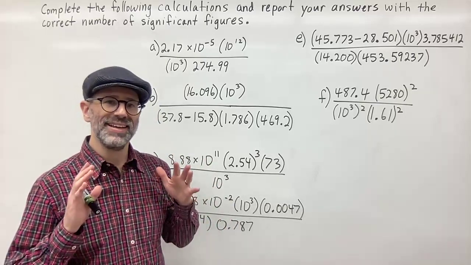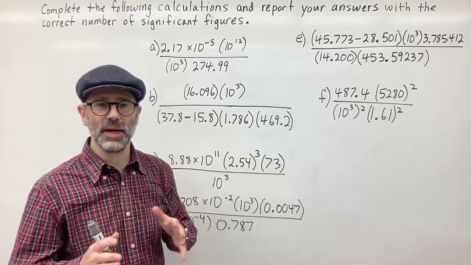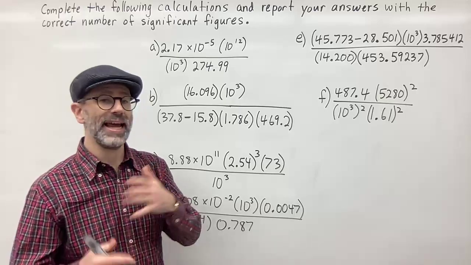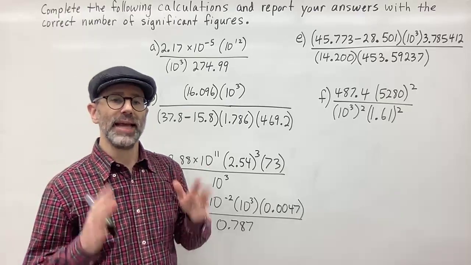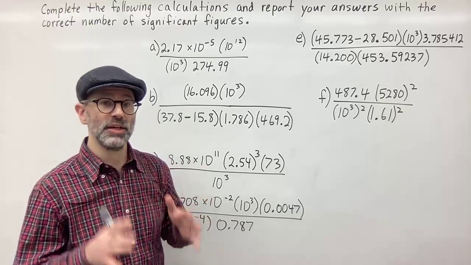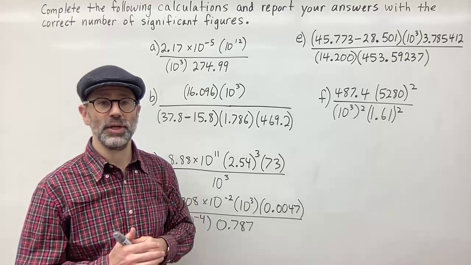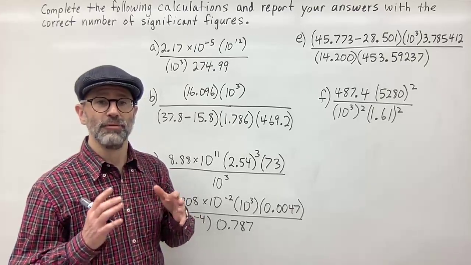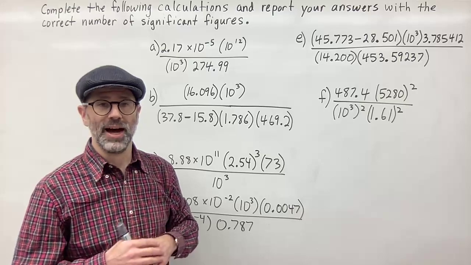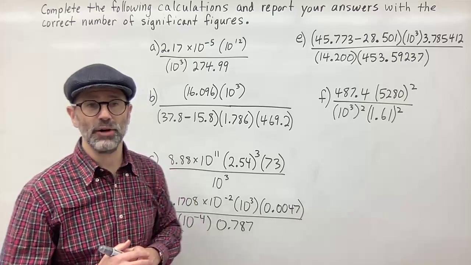So the point in these type of problems is not so much can you do the calculation, but can you pay attention to the number of sig figs that you need to put into your answer, right? That's really the focus of these sorts of problems. You can use a calculator to calculate this out.